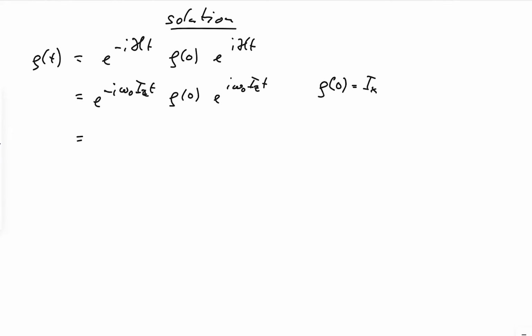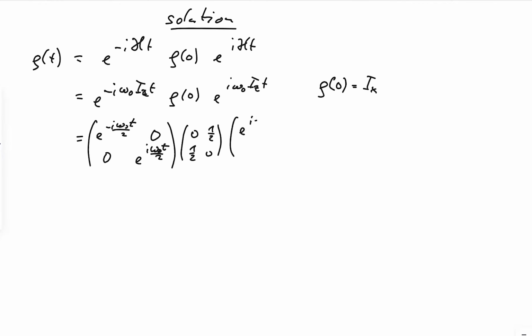So we have here e to the minus i omega 0 t half as an element, 0, 0, e to the plus i omega 0 t half, then times the matrix Ix, 0, 1 half, 1 half, 0, and then again the complex conjugate matrix, which is e to the i omega 0 t half, 0, 0, e to the minus i omega 0 t half.